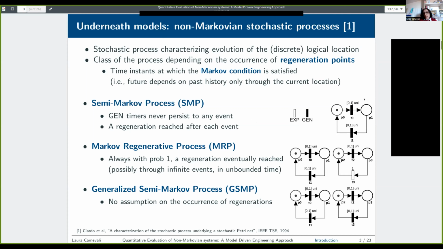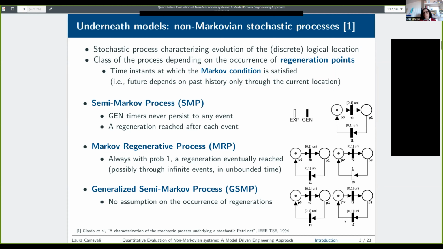If we compose two of these models in parallel, which is what we do here in the bottom figure, then what happens is that the general timers that we have in this model continuously persist to each other. And so it is never the case that we reach a regeneration point.